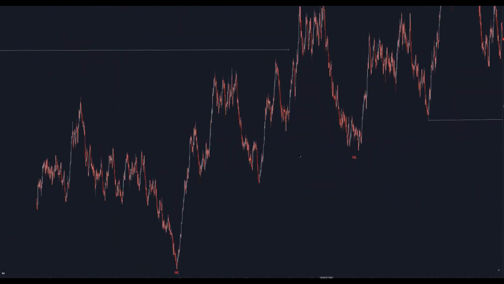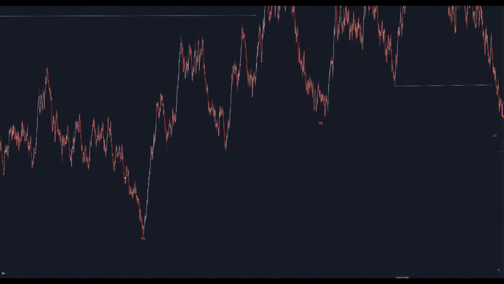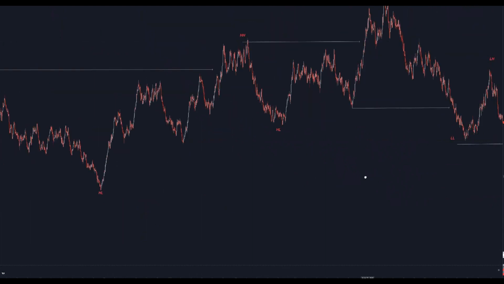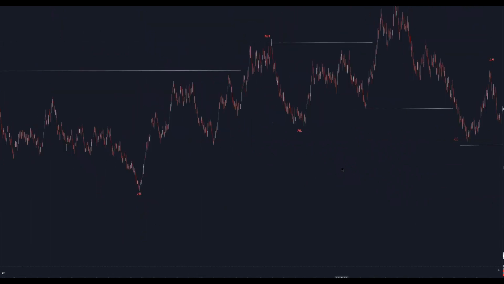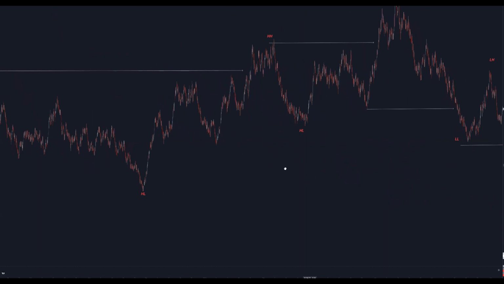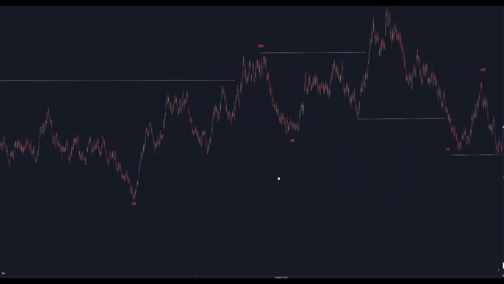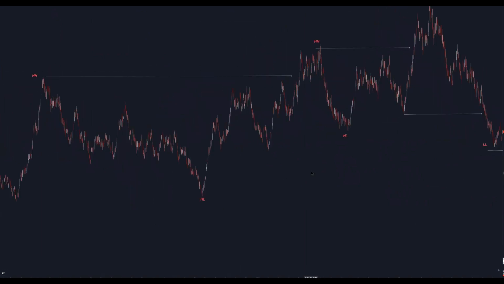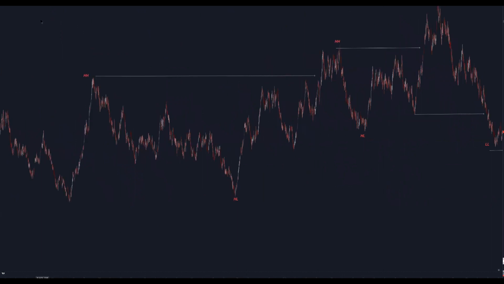So first, we shall be discussing an uptrend, then we'll move on to the downtrend, then we'll go again to the consolidation example. So let's quickly look at this price action. This is the 4-hour chart on Volatility 75 Index.